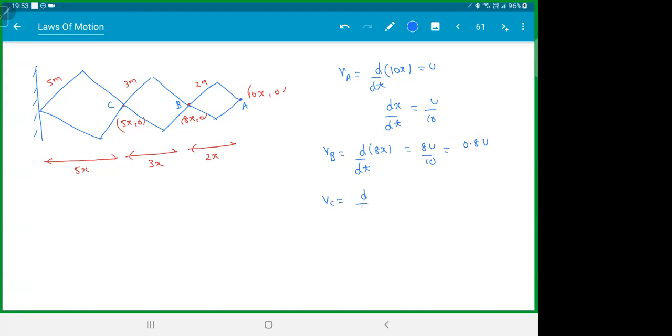Rate of change of x coordinate of C, because ABC will go in a straight line. That would be 0.5u. Easy? ABC are actually easy. Now, I don't know what x is, I don't care, but I know they'll be in the ratio of 5, 3, 2 because the sides are 5x, 3x, 2x. You guys try at home D and E. That will be a better question.